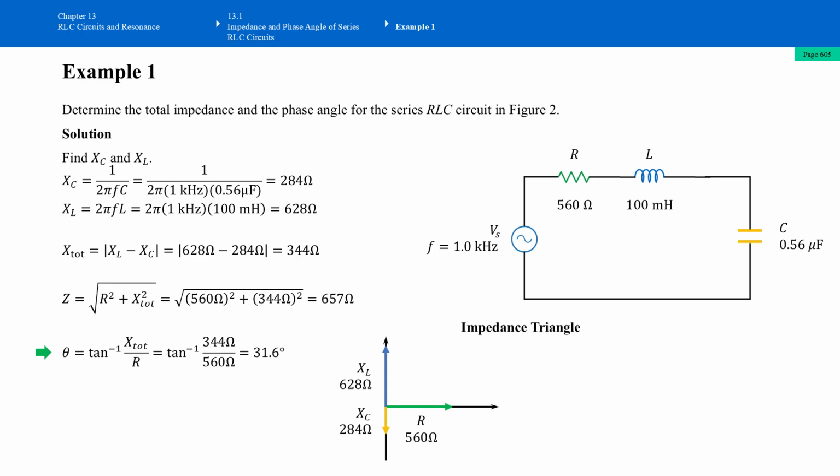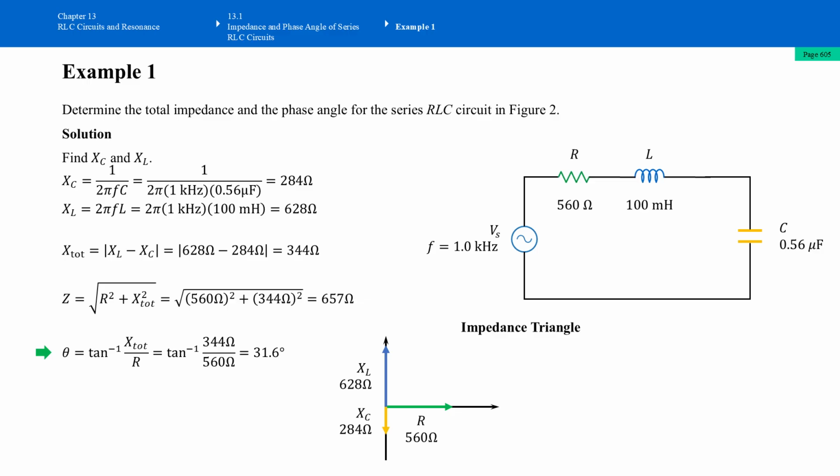It's good practice to draw the phasor diagram or impedance triangle. So we put the resistor R equals 560 ohms on the horizontal line pointing to the right, the green arrow here. The blue arrow is the inductive reactance. Through calculation, we know this is 628 ohms. And then for XC, the capacitive reactance, that is 284 ohms. This is the impedance triangle. However, we want to find the total reactance.